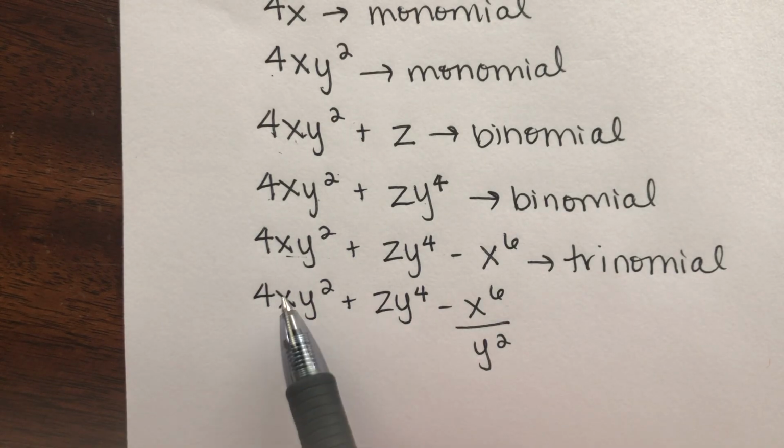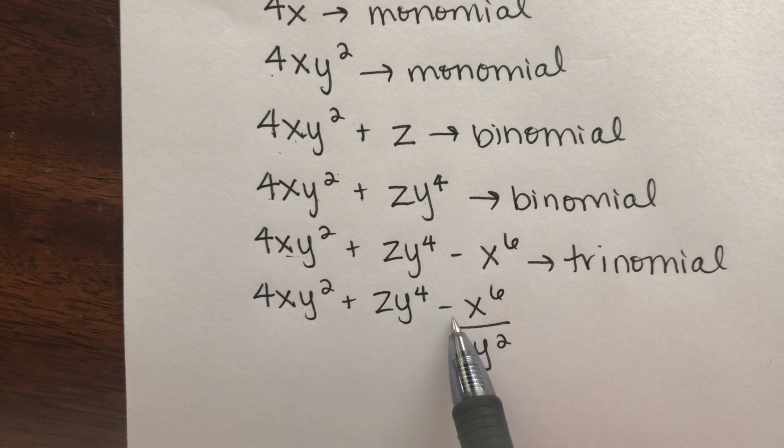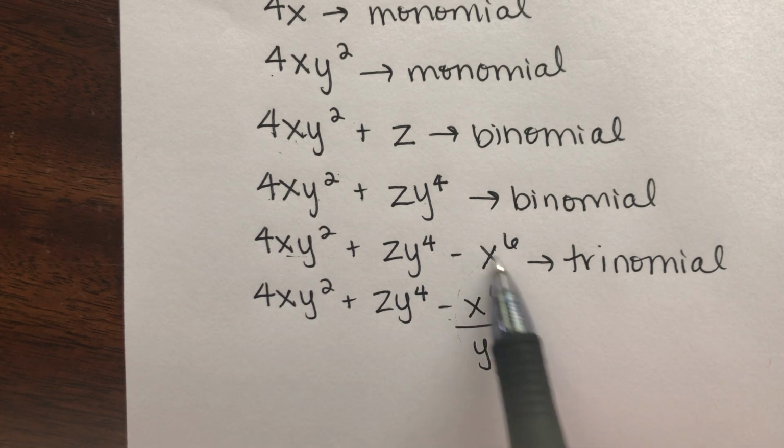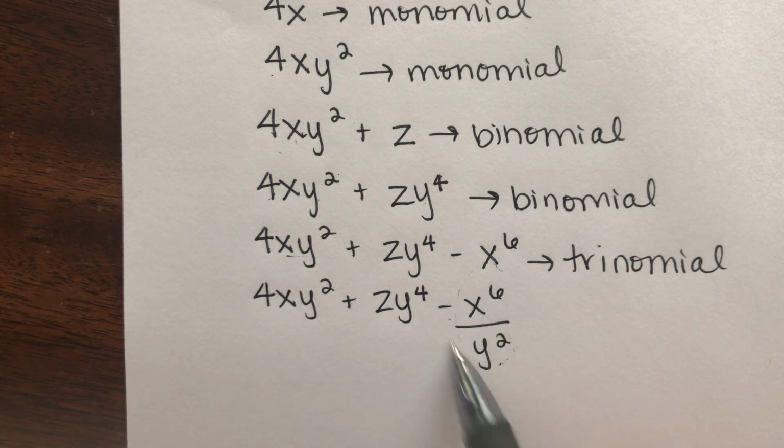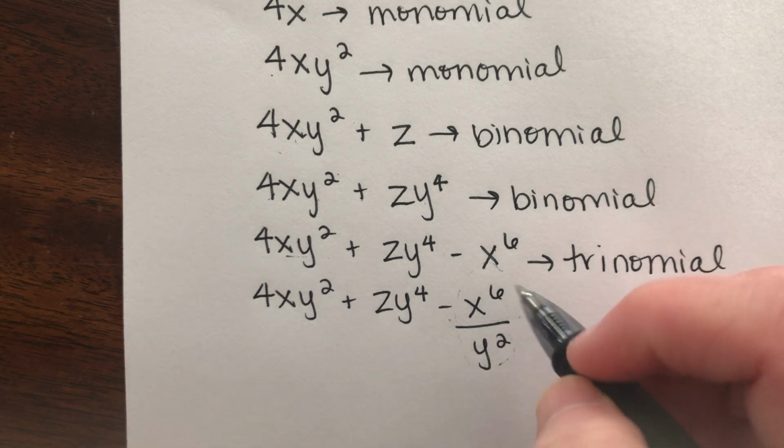And then lastly, we have this guy here, 4xy squared plus zy to the fourth minus a fraction. So whenever you have a variable on the bottom of a fraction, if it's division, anytime we're using division, that is not a monomial. And you have to have monomials to make up a polynomial. Polynomial is just made up of many monomials. That's what the poly is for, many.